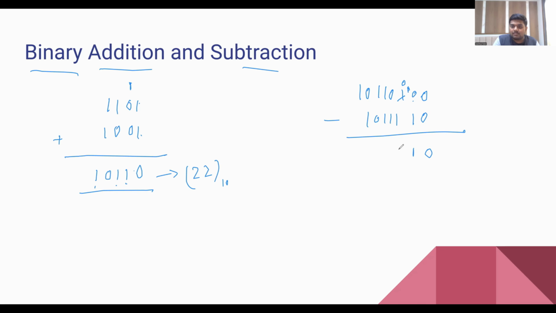Now 0 minus 1, so again you will have to borrow. So 0 minus 1 is 1. Then 1 minus 1 is 0, then again 1 minus 1 is 0. There is a problem: you borrowed 1 here, so you will have to borrow 1 from the front as well. So this 1 will convert into a 0, and 1 minus 0 will be 1.